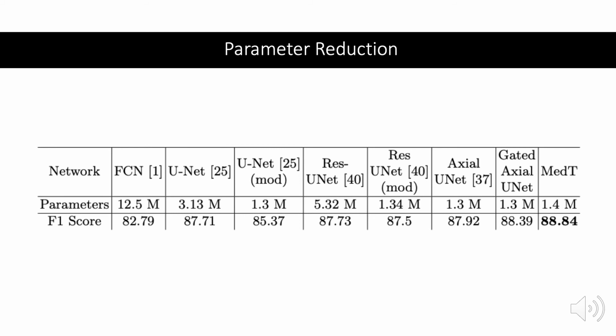A straight fully connected network, 12 million parameters. And we continue to go down with modifications of the U-Net with the res blocks and various other forms of the U-Net. Whereas within Med-T, we are at 1.4 million parameters. So it is not the smallest model, but it is comparably smaller than some of the much larger ones, like the fully connected, the U-Net, and the res U-Net.